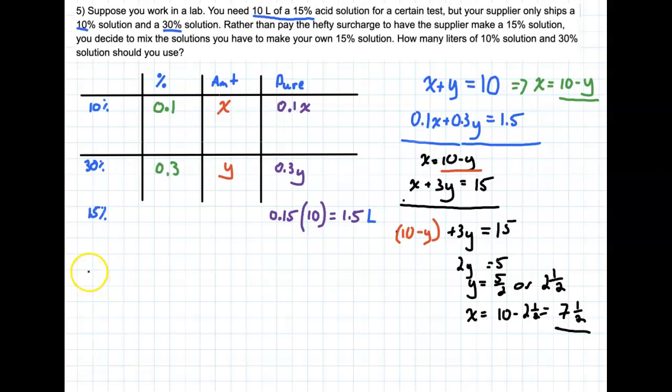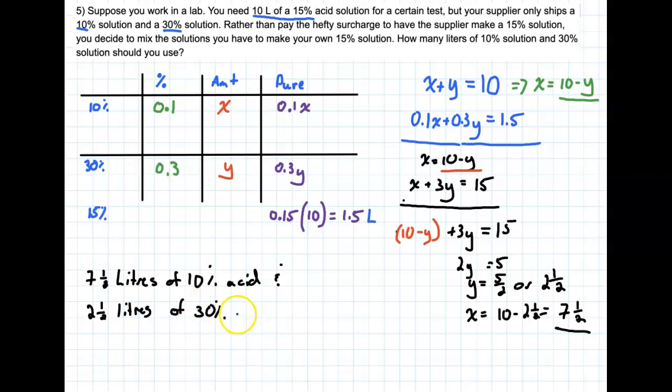So we'll have 7.5 liters of 10% acid and 2.5 liters of 30% acid. That's going to give us the mixture of 15% that we were looking for.